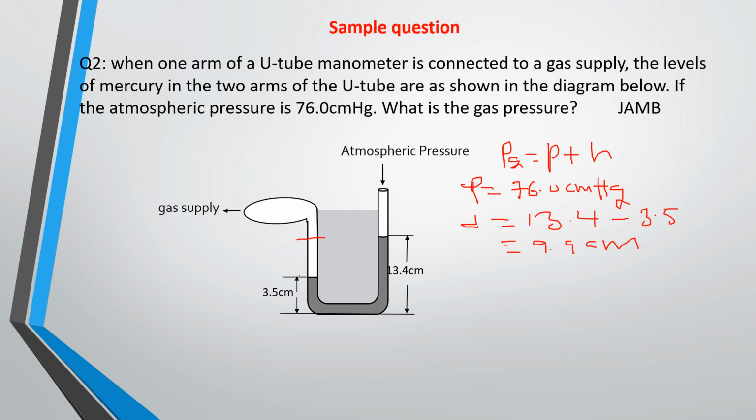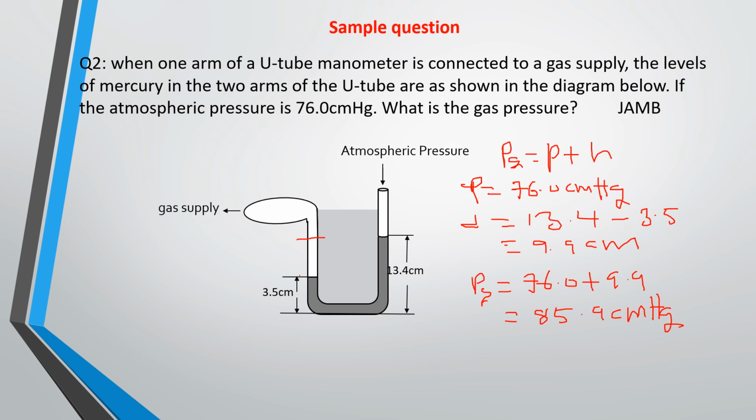So gas pressure, substituting into this formula, P gas is equal to 76.0 plus 9.9. When you work that out, you will have 85.9 centimeters Hg as your gas pressure.